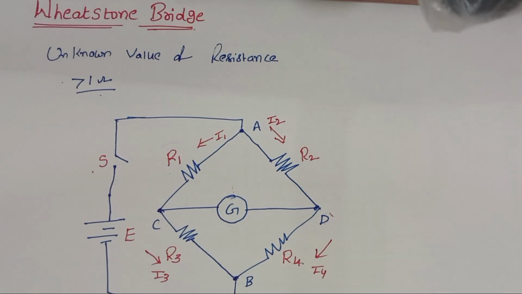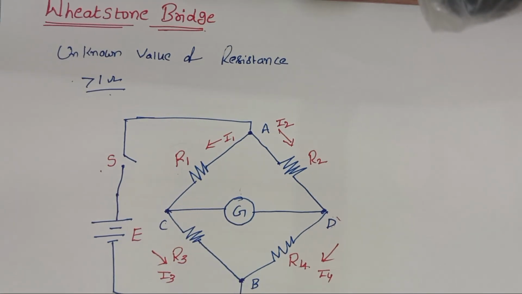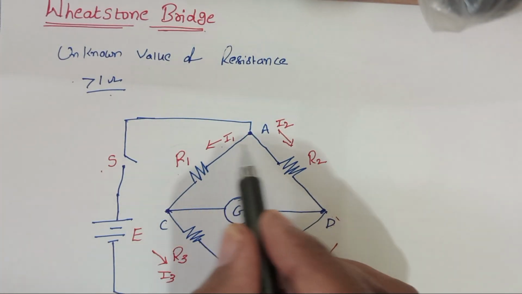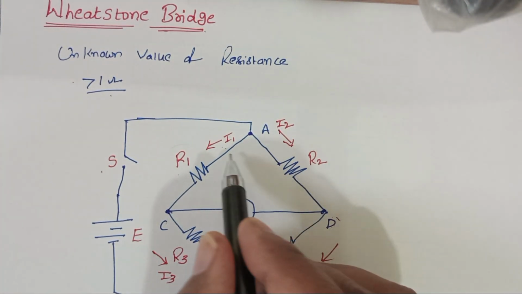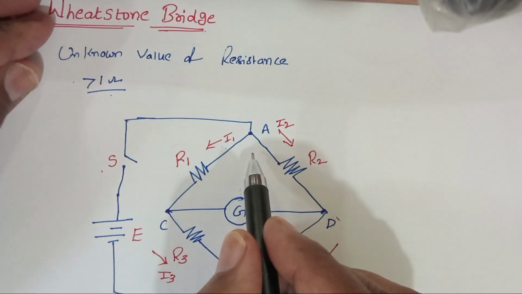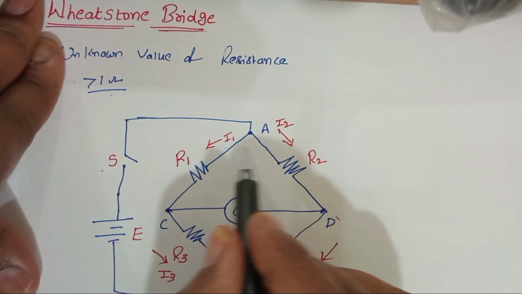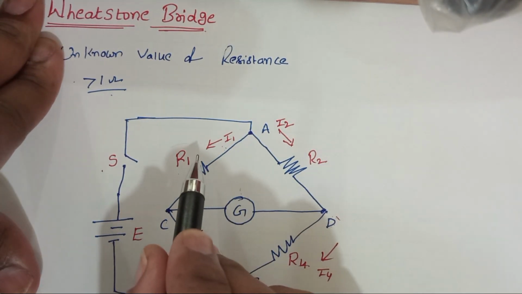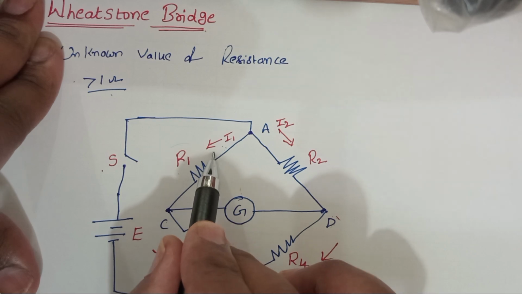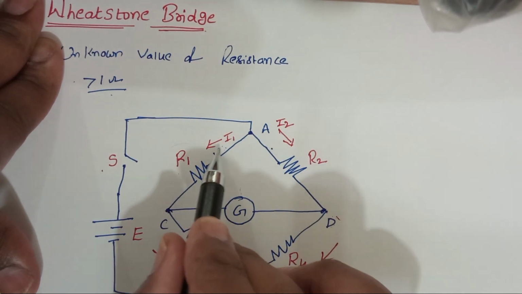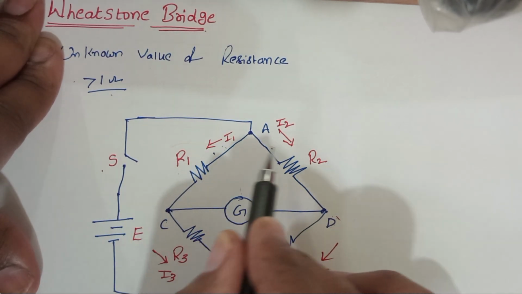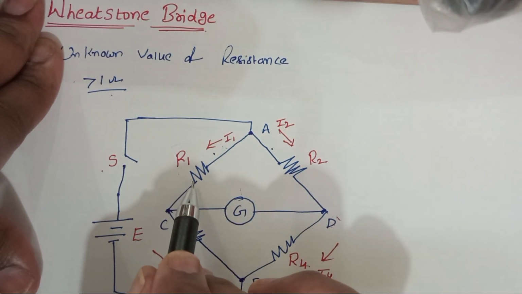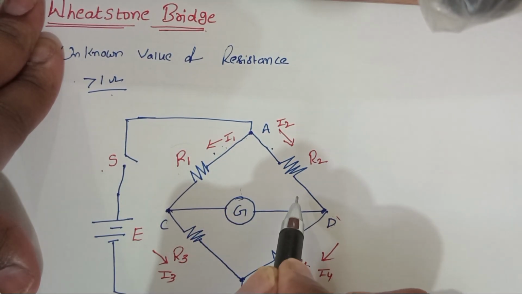Now, coming to the operation point of view. Look here: these are the two branches, and those two are in parallel. In the case of parallel branches, voltage is constant. That means the voltage at this branch is equal to the voltage at this branch.